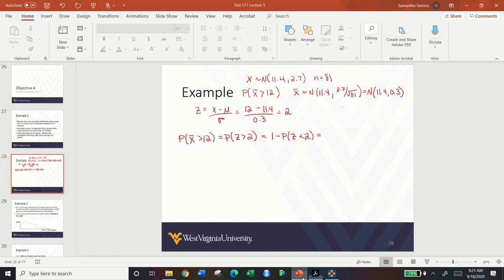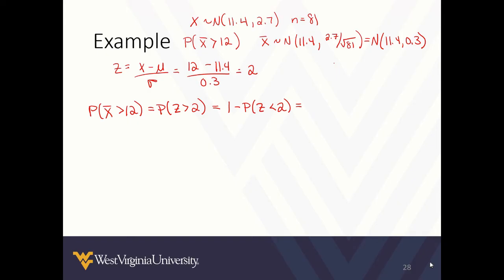So going back to our slides, this will be 1 minus 0.9772, or in other words, this would become 0.0228. So therefore, we can say that we have a 2.28% chance of running out of hot water.